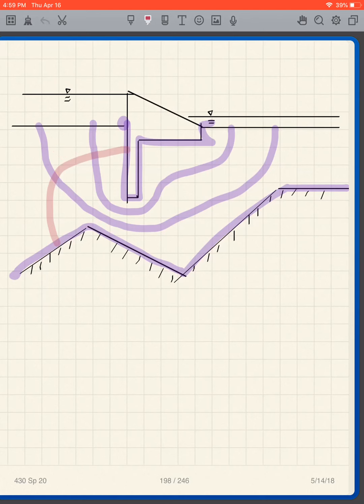Oops. Try this one more time. Something like that. And then maybe something like that. Oops. Still not. Anyway, it takes a few trials. Now I'm just going to finish it up here.